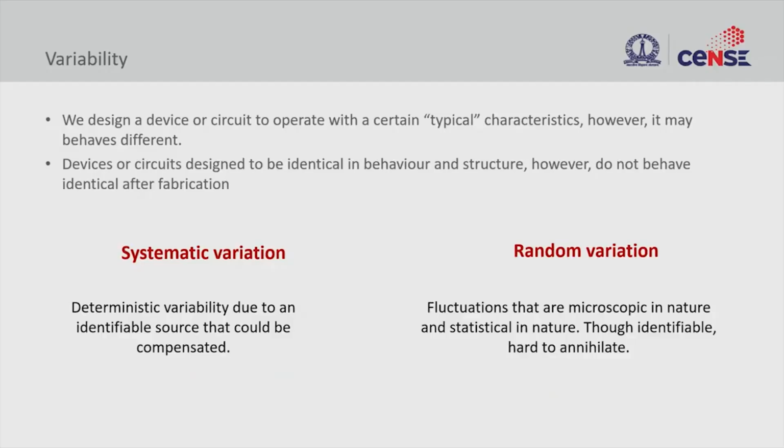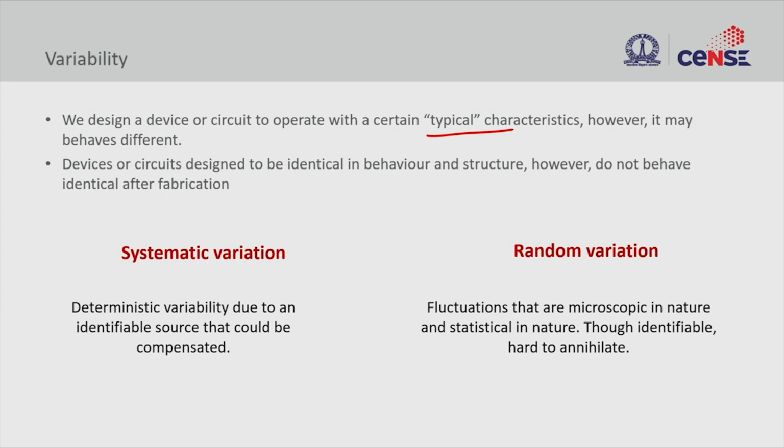So the first thing that comes to mind when you are looking at DFM is variability. The whole idea of design for manufacturability is because of variabilities that you get during the fabrication process. So you design a device or a circuit that should give you a typical characteristic. That is what you are expecting. But then when you get the device, it may not give you the typical characteristic that you are actually expecting.